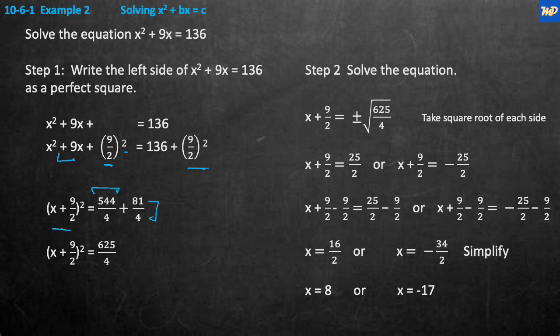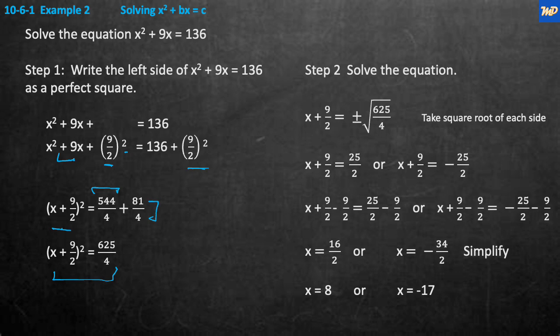So you're going to get 4 times 136 divided by 4, and then you have a common denominator, and 136 times 4 is 544. So now you have 544 fourths plus 81 fourths, and now you add those together, and that adds up to 625 fourths. So now the equation in its entirety looks like the quantity x plus 9 halves squared is equal to 625 over 4.